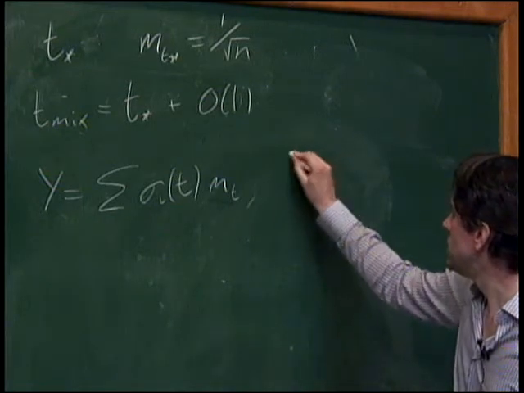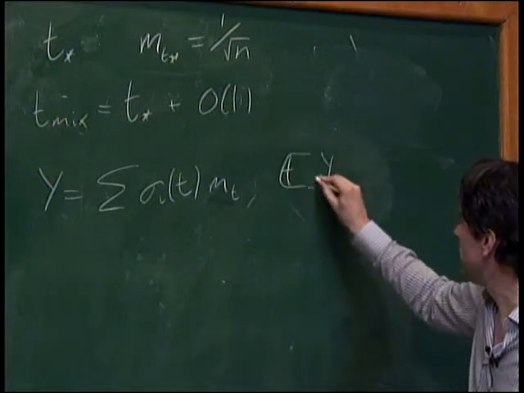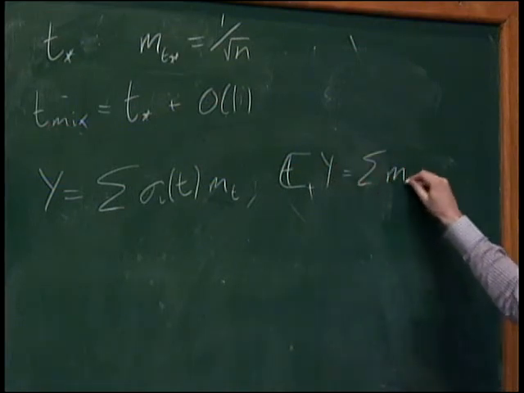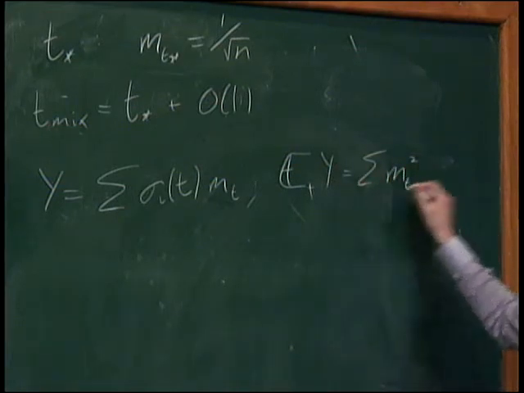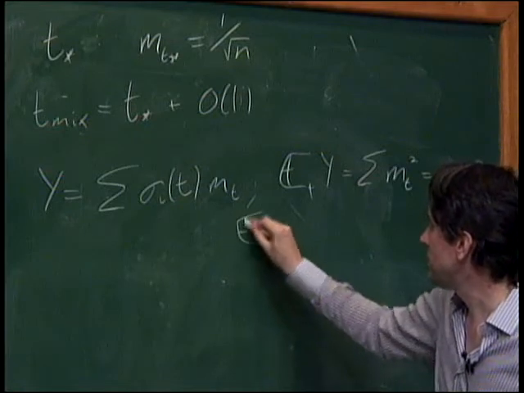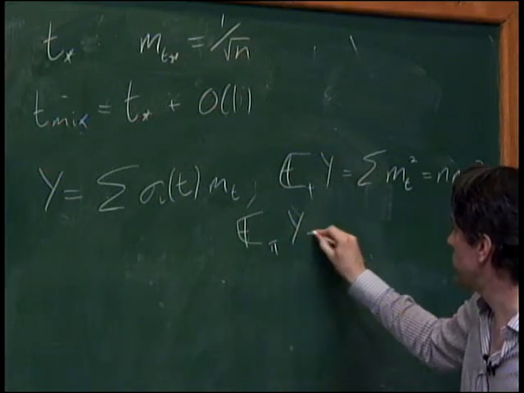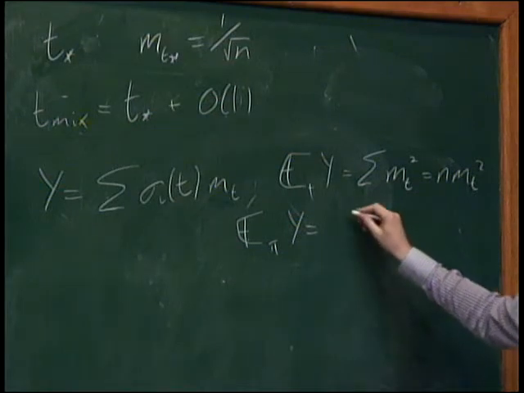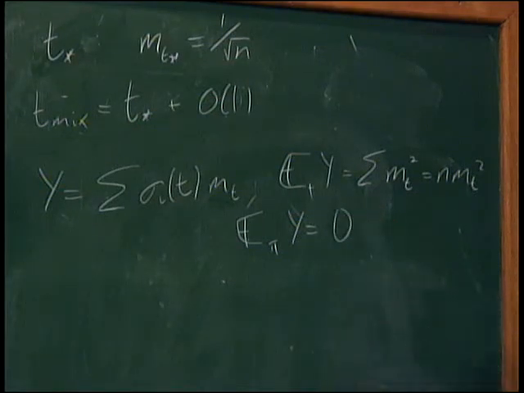So the expected value of Y starting from all pluses will be equal to the sum of M_T squared, or n times M_T squared. The expected value starting from the stationary distribution of Y will be equal to 0 just by symmetry.